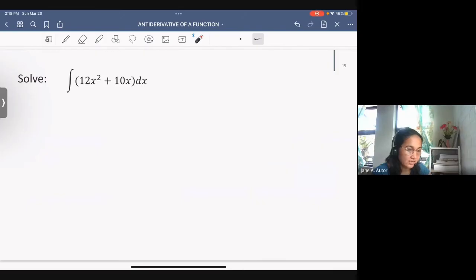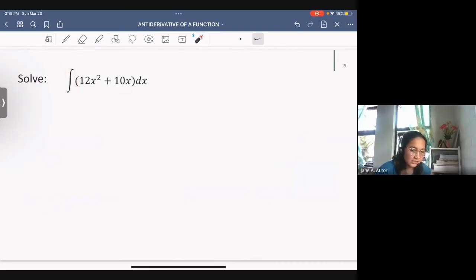For this first example, we have the integral of the quantity 12x squared plus 10x dx. As you can see, I enclosed 12x squared plus 10x in a parenthesis for us to denote that this will serve as our integrand, because if we don't have parenthesis symbol, meaning the integral sign is only for 12x squared, and then for our dx, it is only for 10x.